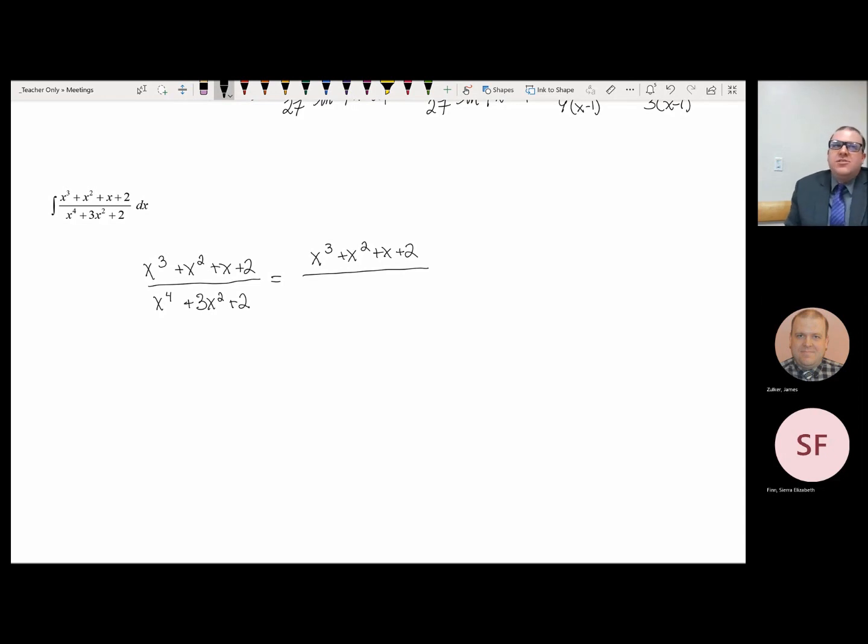How does the denominator factor? x squared plus 2 times x squared plus 1. To keep it in line with what I have in my notes, I'm just going to write it in that order, but it doesn't matter. Both of those are irreducible quadratic.